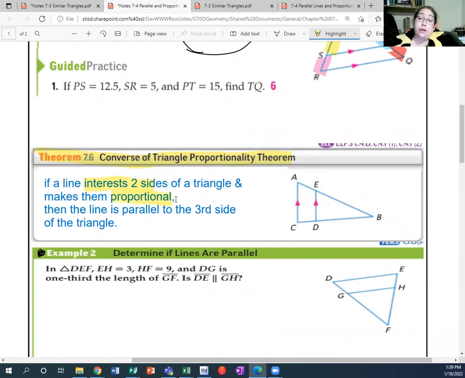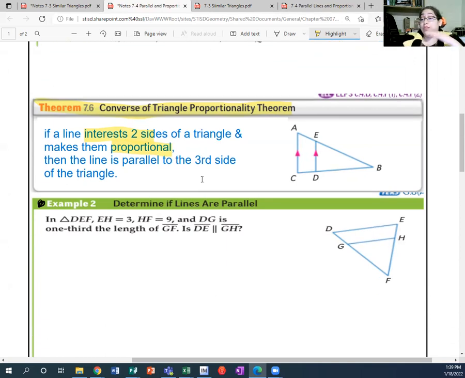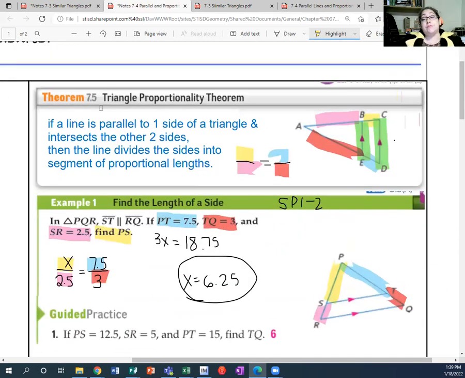So this is the theorem that you're going to use as justification to state that you have parallel lines. So to use theorem 7.6, you need to not know lines are parallel, but be able to check for proportion. To use theorem 7.5, you have to already know lines are parallel and be wanting to calculate proportions.